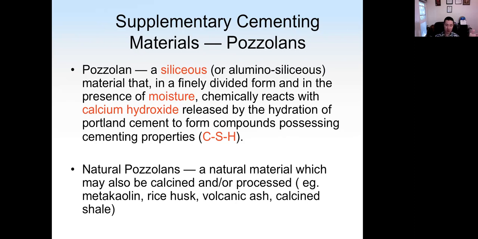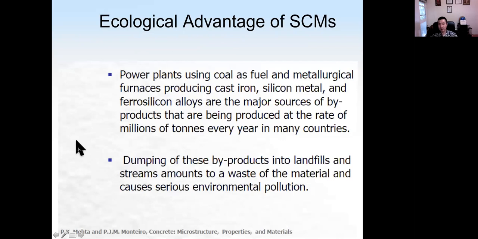Depending on the source, we have natural pozzolans, for example metakaolin, rice husk ash, volcanic ash, or calcined clay. We could also have SCMs from industry byproducts.